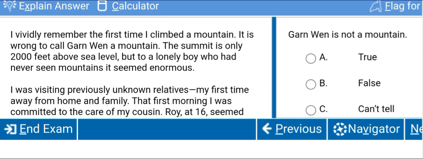It is wrong to call Gondwan a mountain. The summit is only 2000 feet above sea level. But to a lonely boy who had never seen mountains, it seemed enormous.